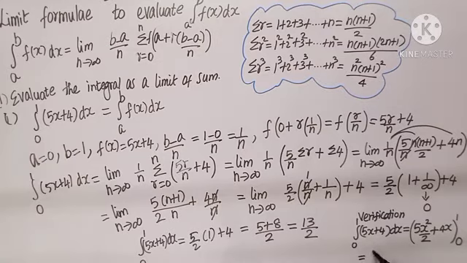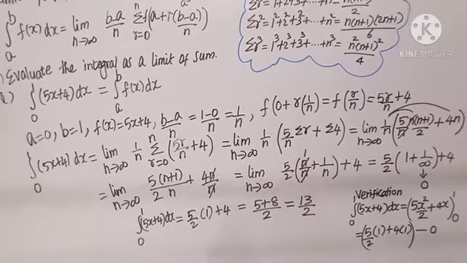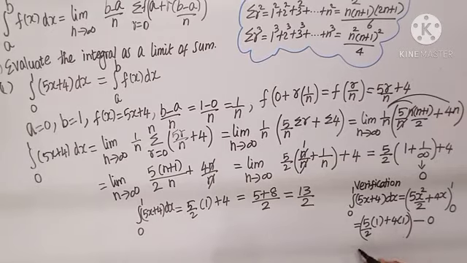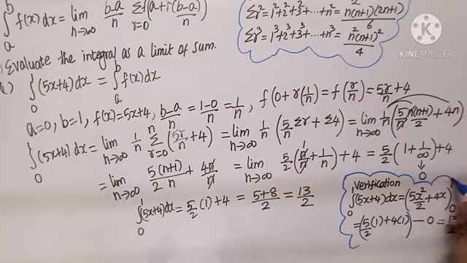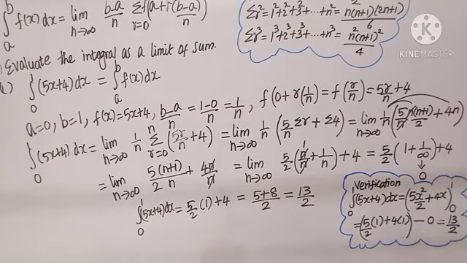Wherever x is coming, put 1, minus wherever x is coming, put 0. But 0 into anything is 0, so forget it. Simplifying this, again I get 13 by 2. So as I verify using the integration formula, I get the same answer. This is only optional to verify, not necessary to do.